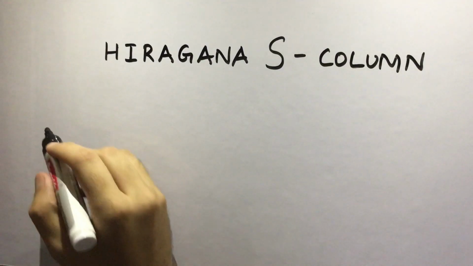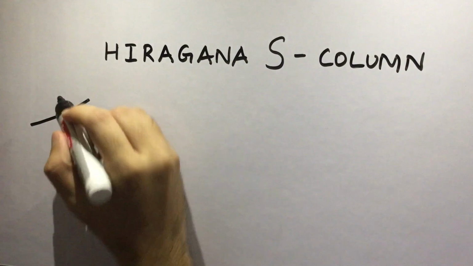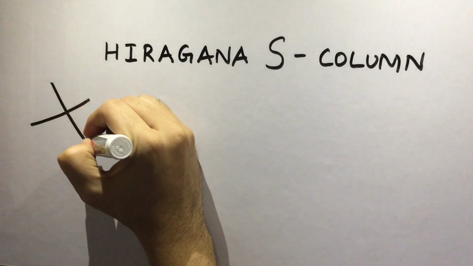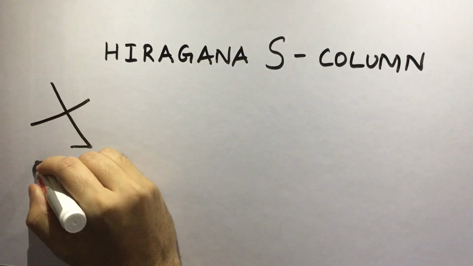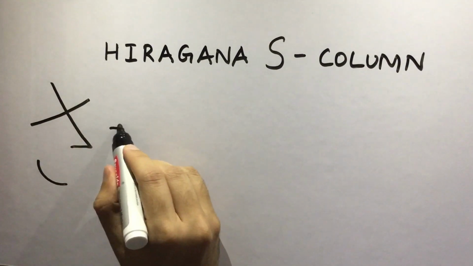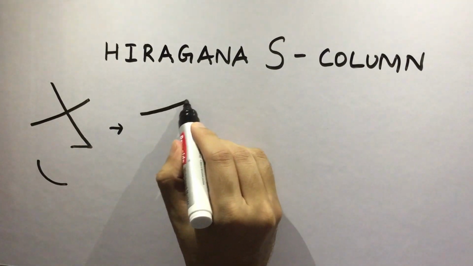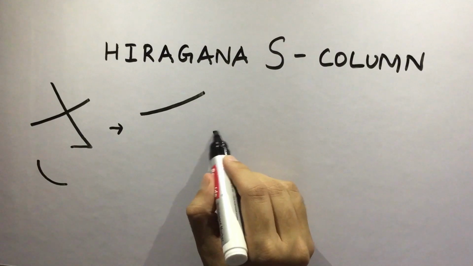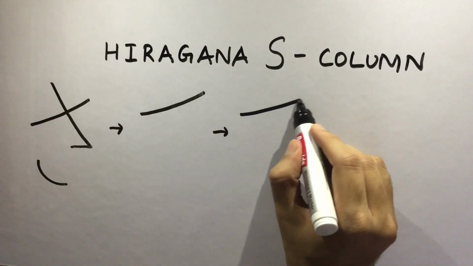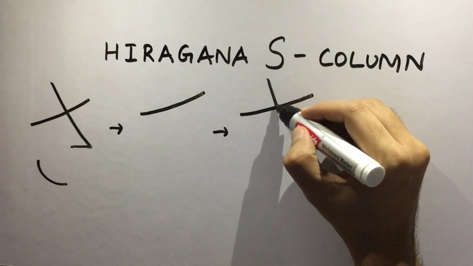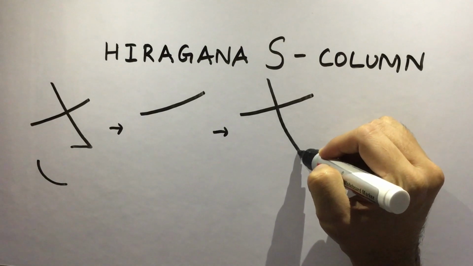So this is the first character, sa. It has 3 strokes. Here's the first stroke, a curved line, take it to the upper right. Here's the second stroke, from top to the bottom right and then leap.